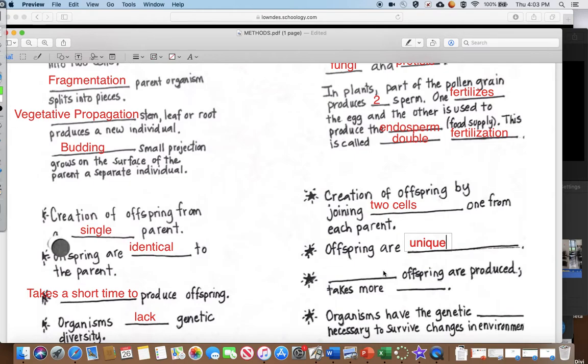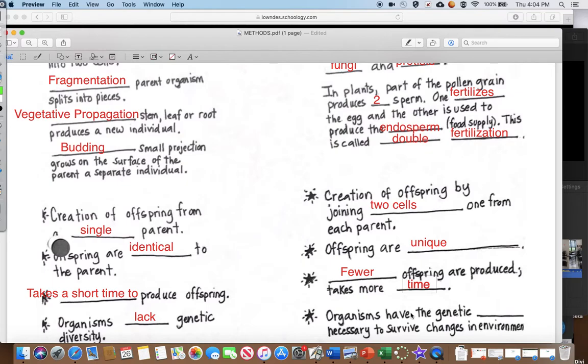Fewer offspring are produced, and it takes more time to produce them.